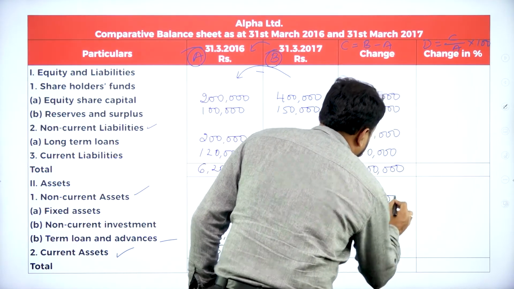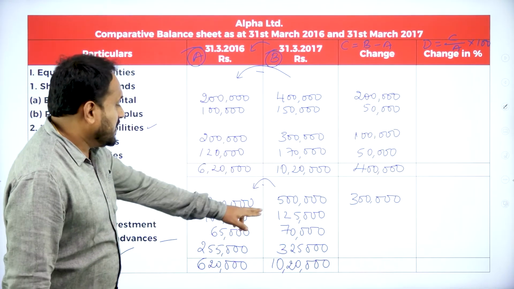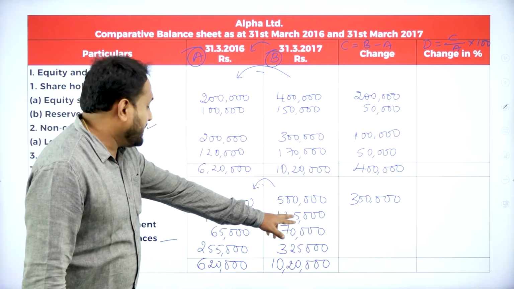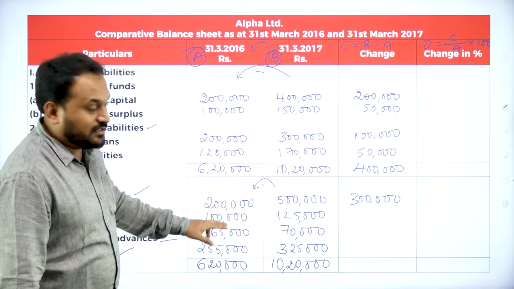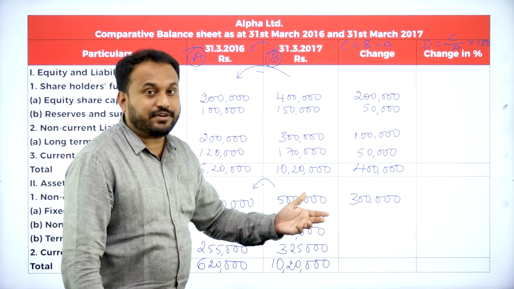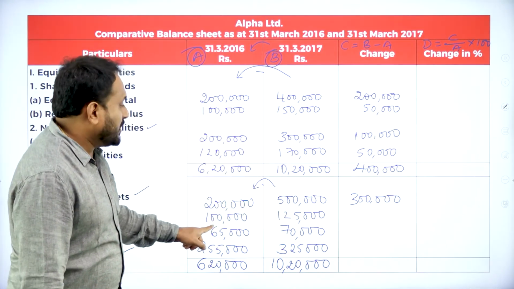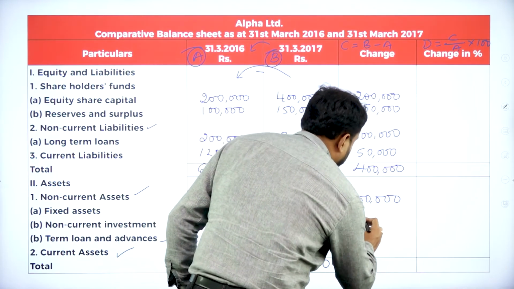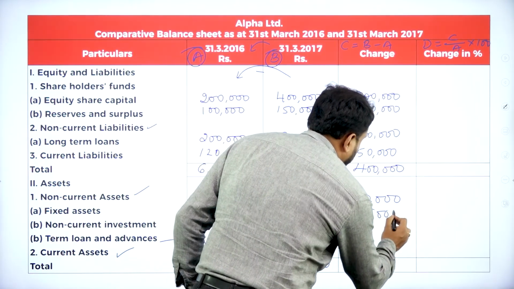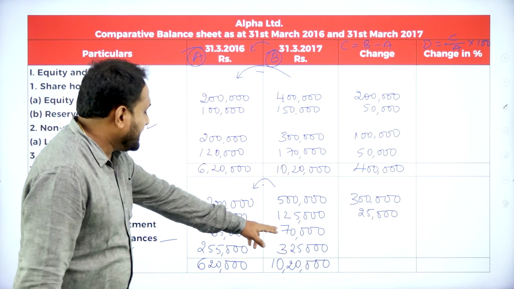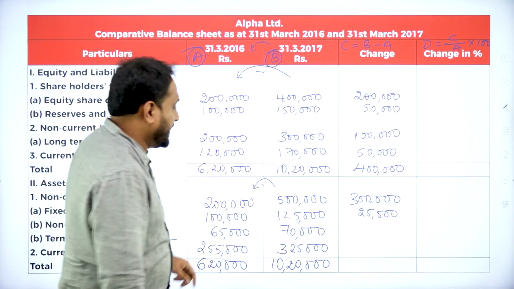Meanwhile, I want you people to actually calculate for everything here. Now we have 1,25,000 minus 1 lakh. See, zero has values. Don't think it is 12 lakh 50. It is 1,25,000. 1,25,000 minus 1 lakh is 25,000. Done. Next is 70 minus 65, which is 5,000.